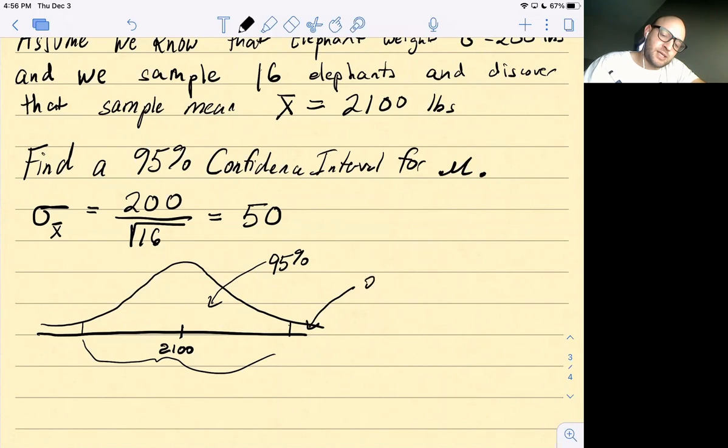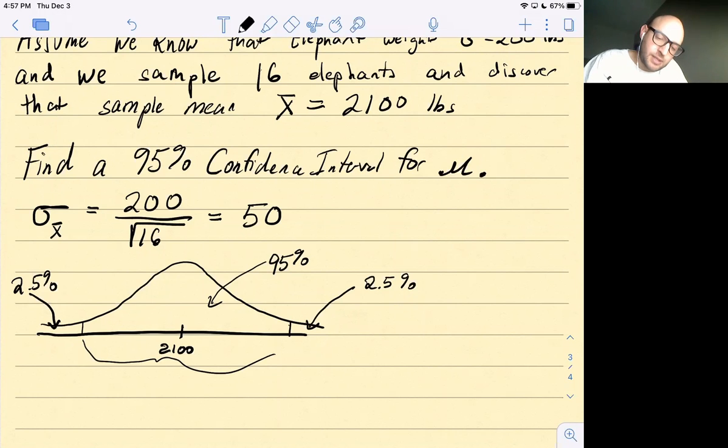That tells us that this has to be 2.5%, and the other tail also has to be 2.5%. You'll see that there's just going to be one number that we use all the time. If you look at the z-score table and you look up inside the table for 0.975, you get 1.96.